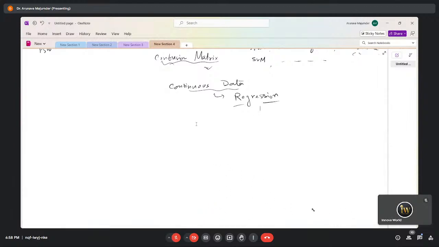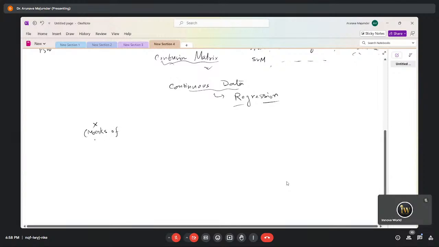So let us consider another data set, a very simple one. Let x be the marks of maths, y the marks of stat, and z the marks of ML, machine learning.